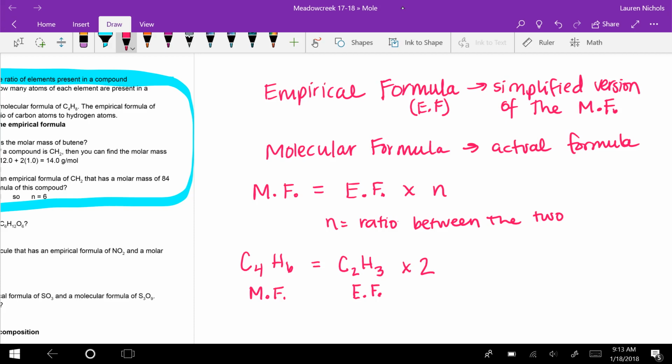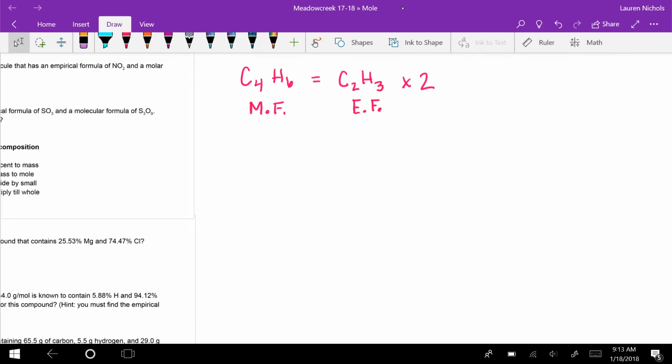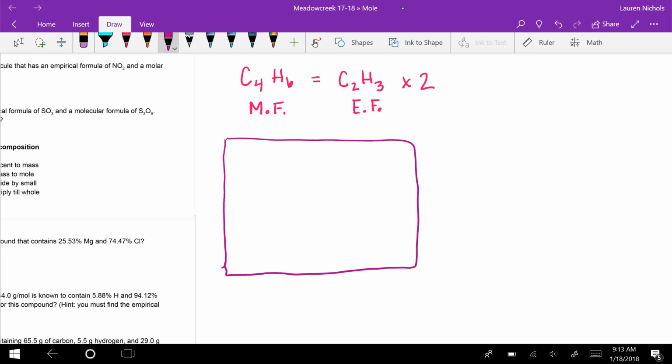Now, oftentimes, N is calculated by looking at the molar mass of things. So if you were actually in a lab, which I'm going to try to draw for you, you would have this machine, a gas chromatography mass spectrometer, so GCMS.